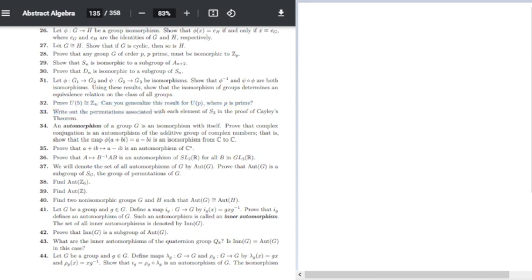Show that U of 5 is isomorphic to C sub 4. Actually, I'm pretty sure this is true. So U of P is isomorphic to Z of P minus 1.